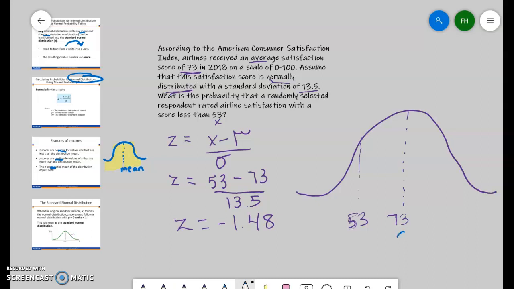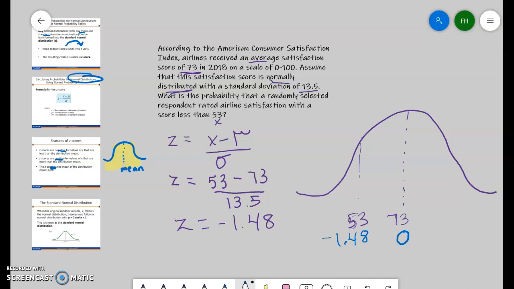z-score, so now 73, the mean, has become 0, and the z-score is negative 1.48. And what that means is it's approximately negative 1.48 standard deviations away from the mean.